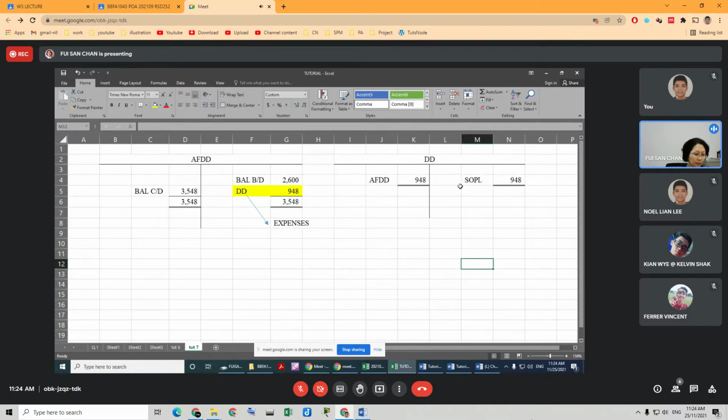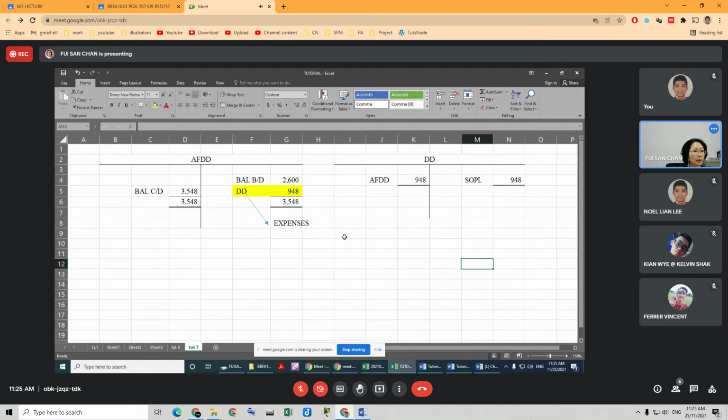So you can use this to show your answer like this. So this is an increase. If an increase, it is an expense. So meaning in SOPL, we are going to recognize 948 as an increase in AFDD as an expense.